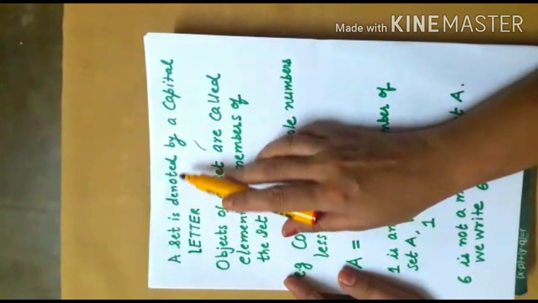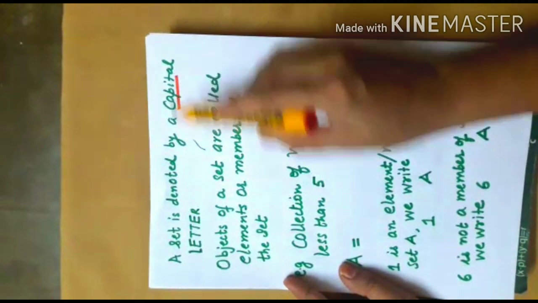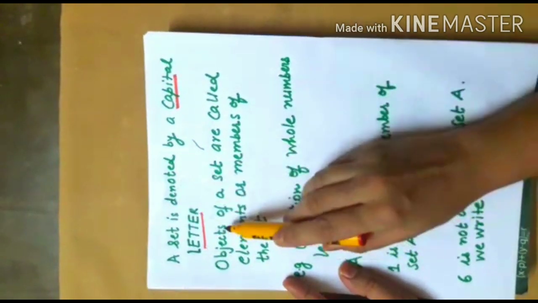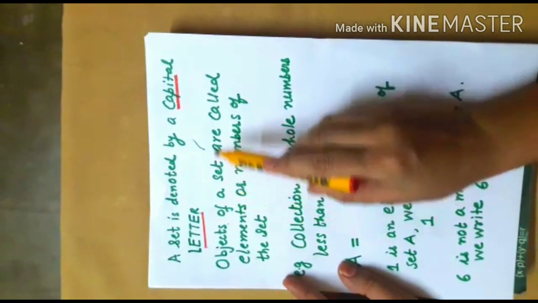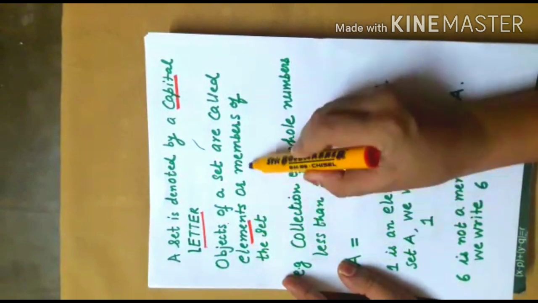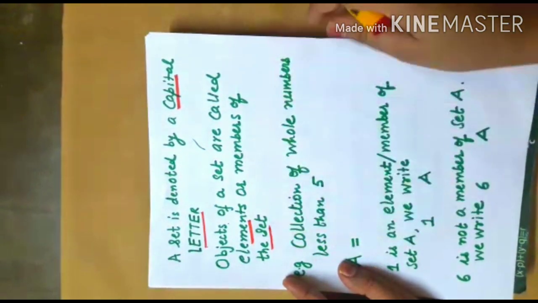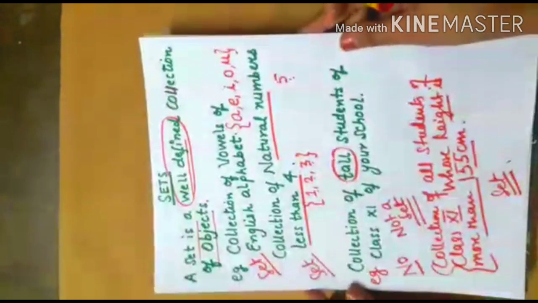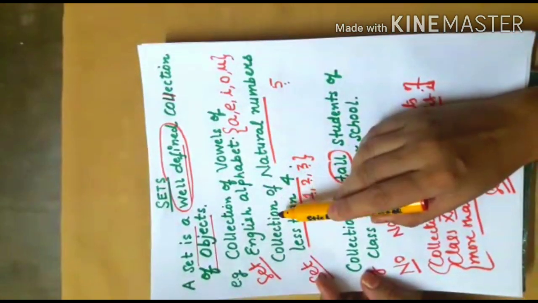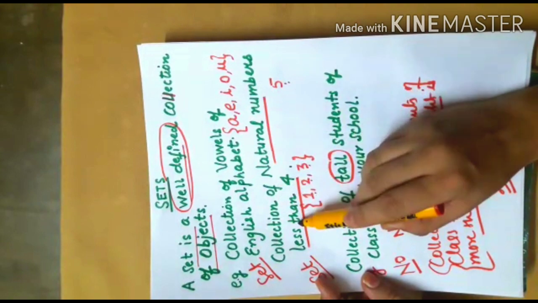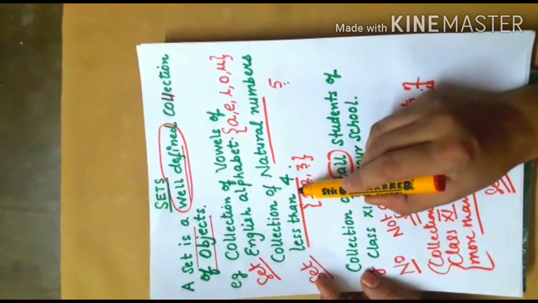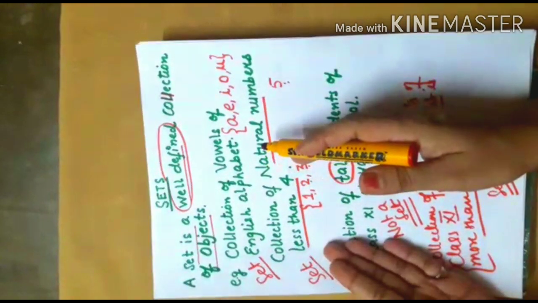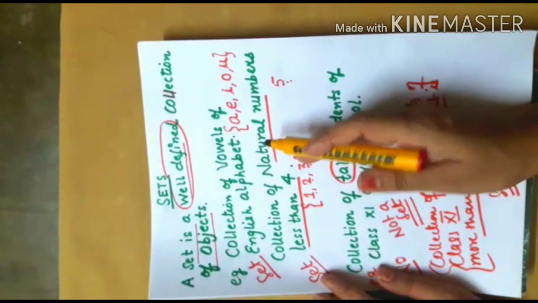A set is denoted by a capital letter, and the objects of a set are called the elements or the members of the set. For example, collection of natural numbers less than 4. We have seen that it is a well-defined collection, so it will represent a set.